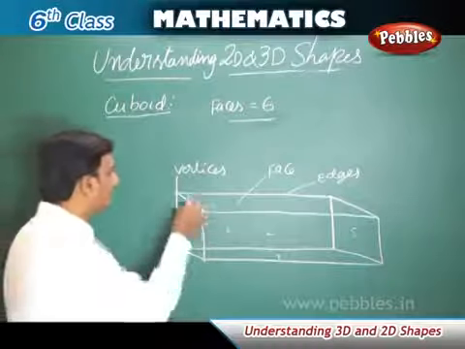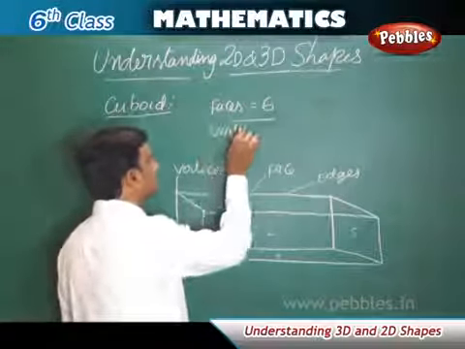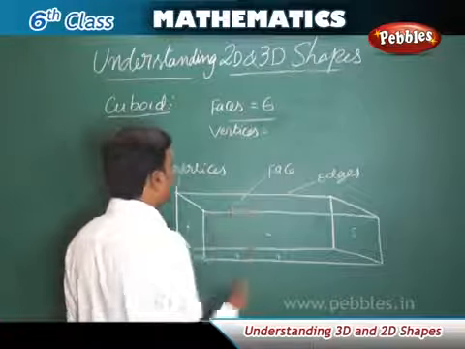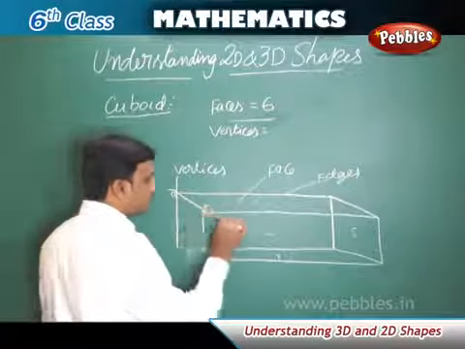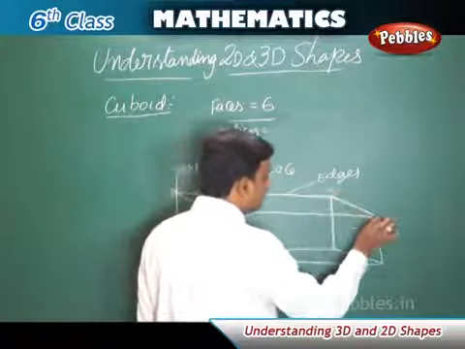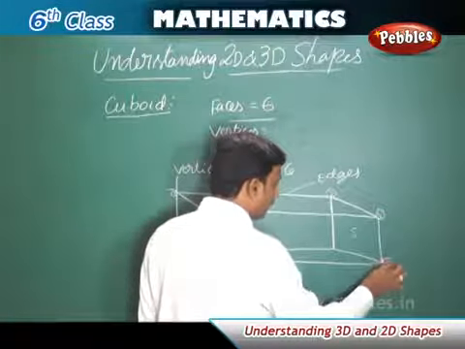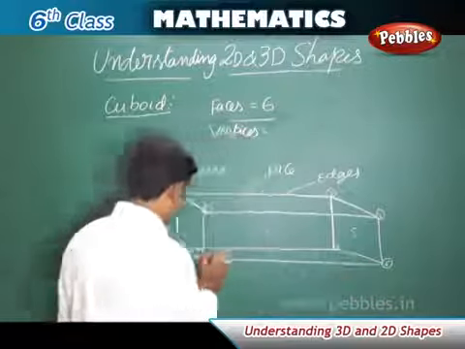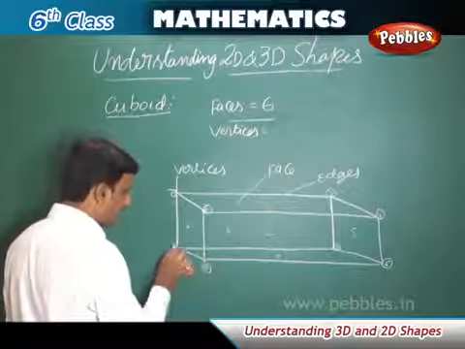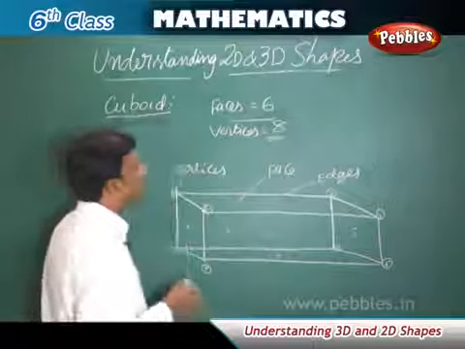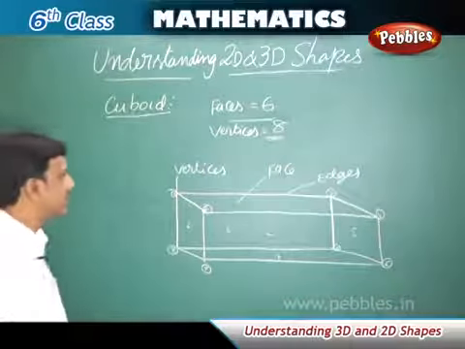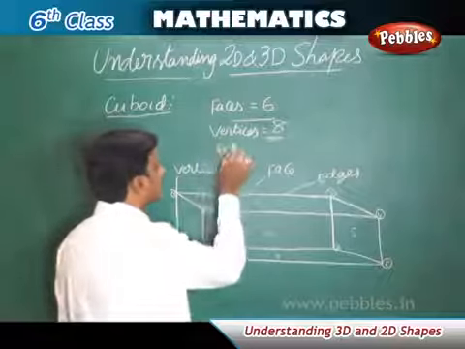Now let us see how many vertices it has. The number of vertices of a cuboid: 1, 2, 3, 4, 5, 6, 7, 8. So a cuboid has 8 vertices. Now let us look at the edges.